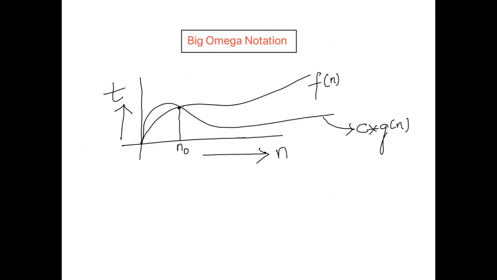So now I'll establish a relationship between f of n and this particular c into g of n. I'm writing f of n is always greater from n naught onwards. So I'm writing f of n is greater than or equal to c into g of n. At n naught both are merging at the same point, both are equal.